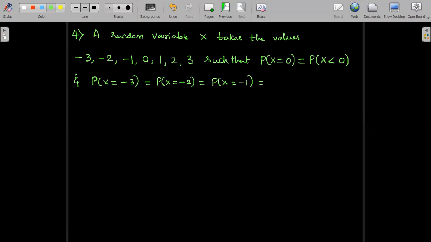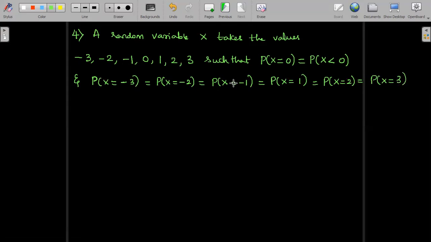And that in turn is equal to probability of X equal to 1, which is equal to probability of X equal to 2. And that is equal to probability of X equal to 3. So all the probability values are equal except for 0.